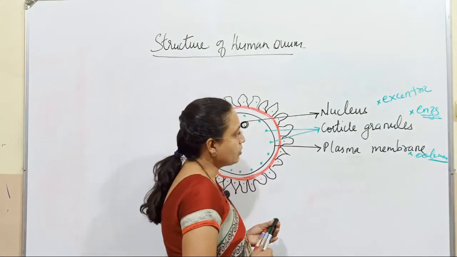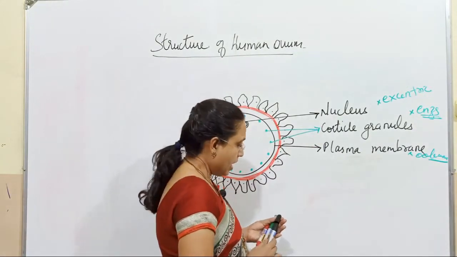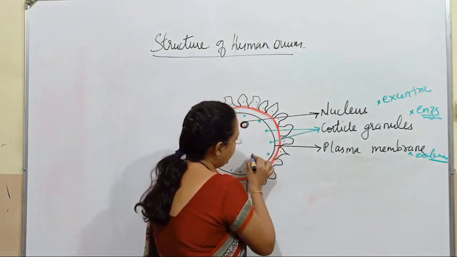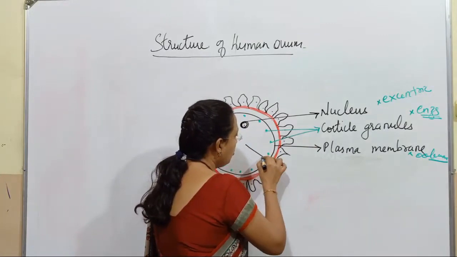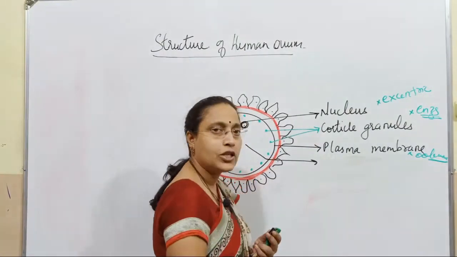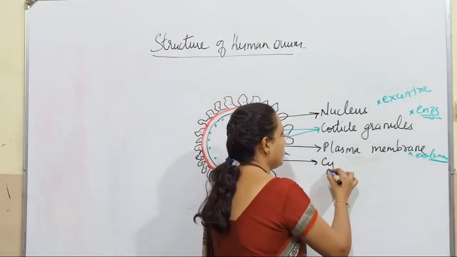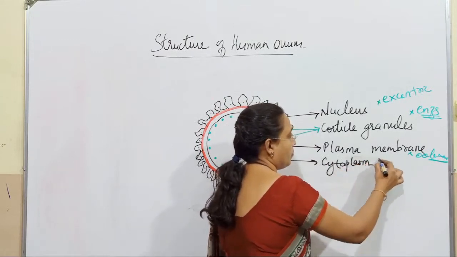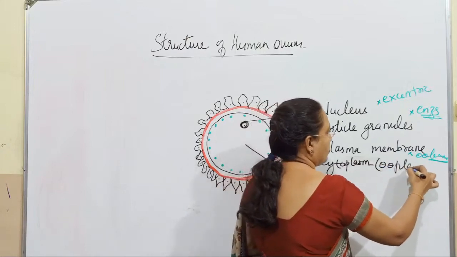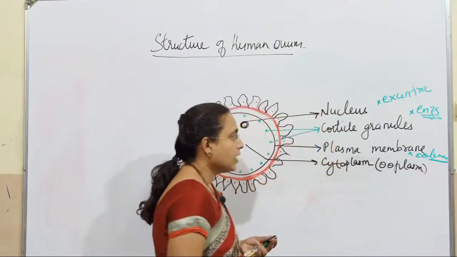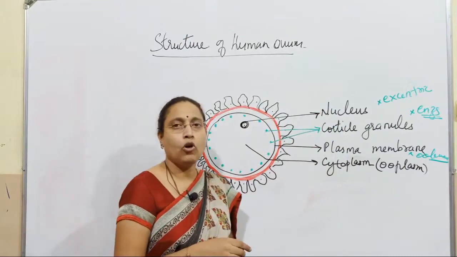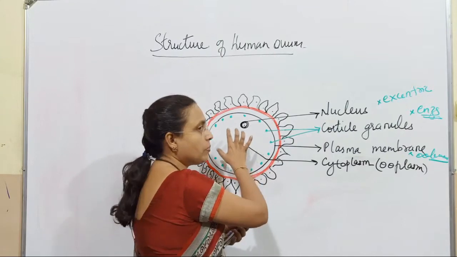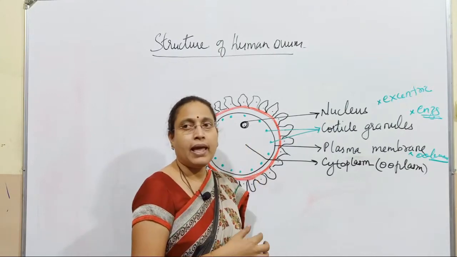So now this was about the plasma membrane. Now you can see that there is a space here. This one is called ooplasm, or nothing but cytoplasm. So the cytoplasm of the ovum will be extensive.